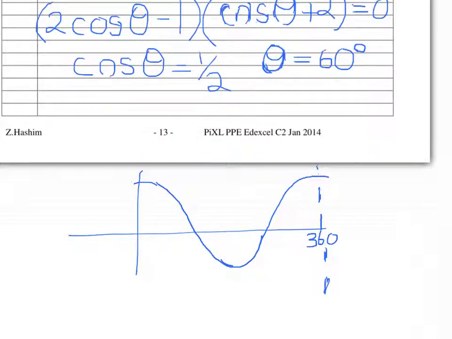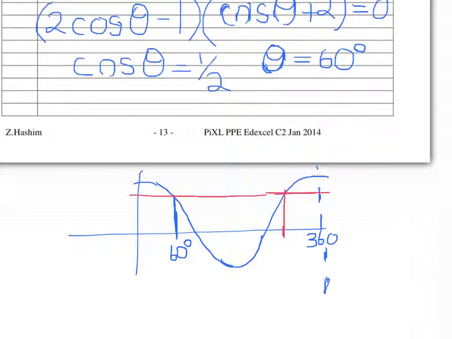Now that's about 60 degrees, the first solution. Then the other one will be over here, crossing there. Now what value will that take?